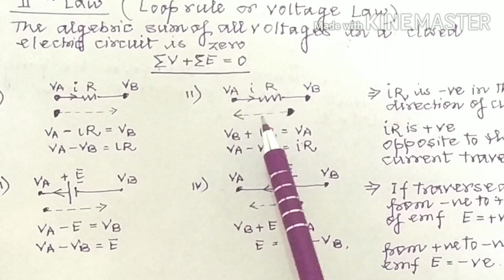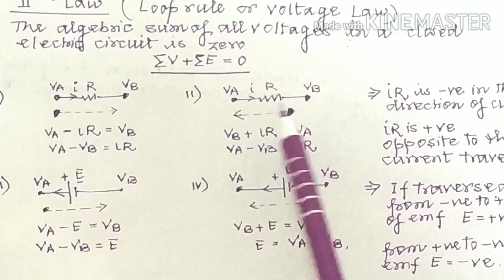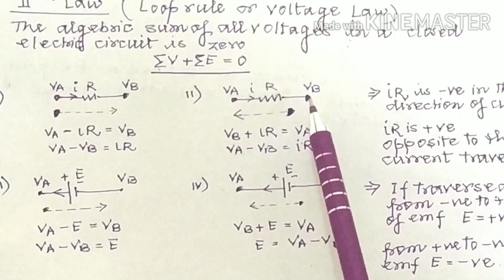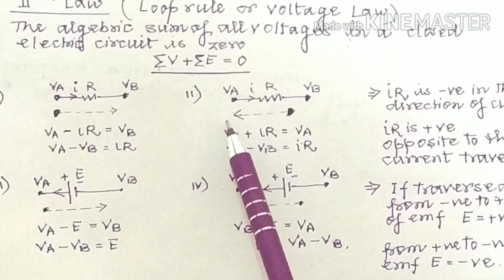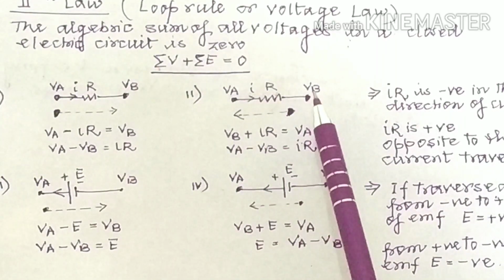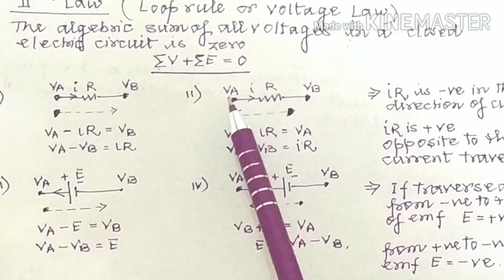In the second case, same, current is moving over here from point A to point B, having potentials VA and VB. Now you are moving opposite to the direction of current. So as VB is less, if you add IR, you will get VA.